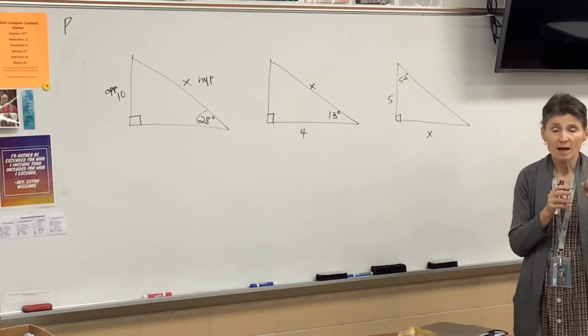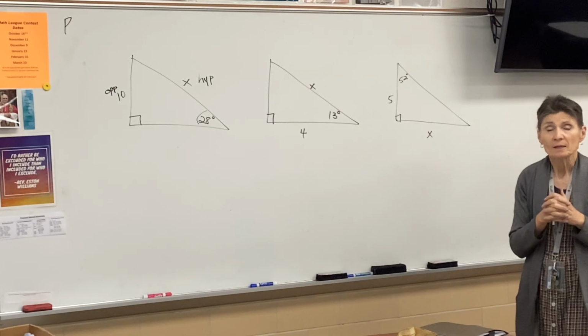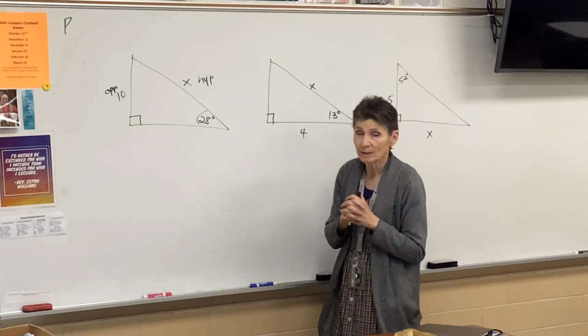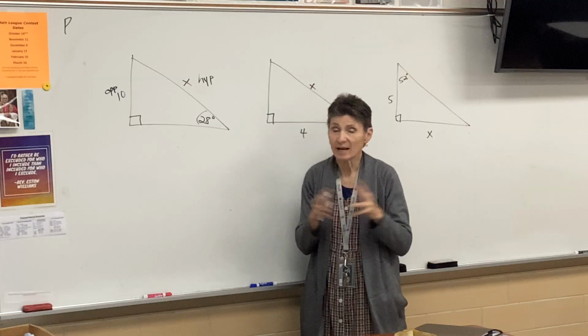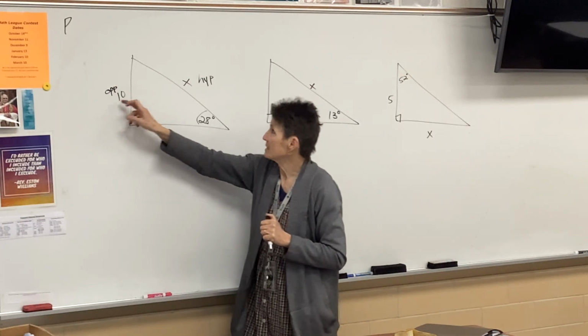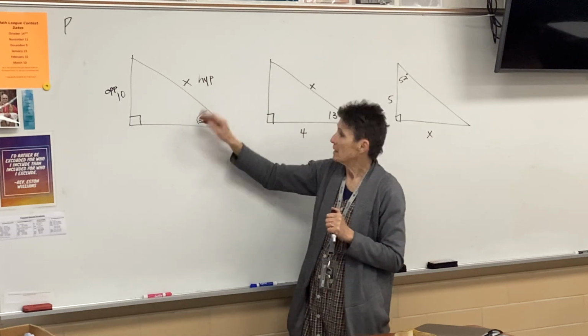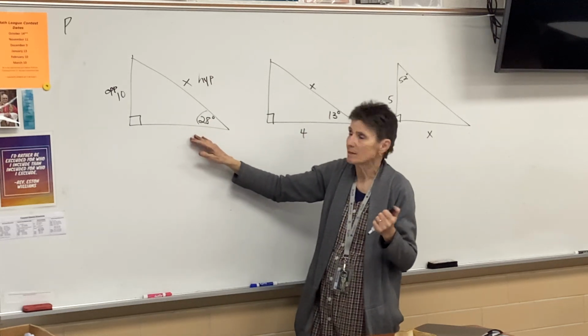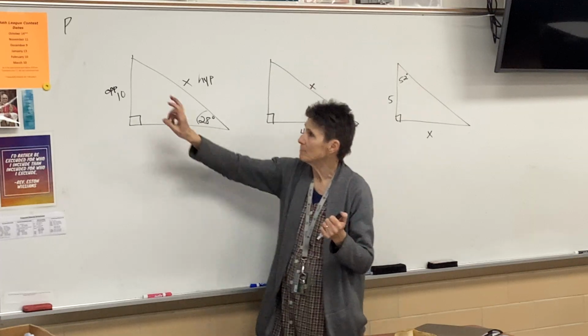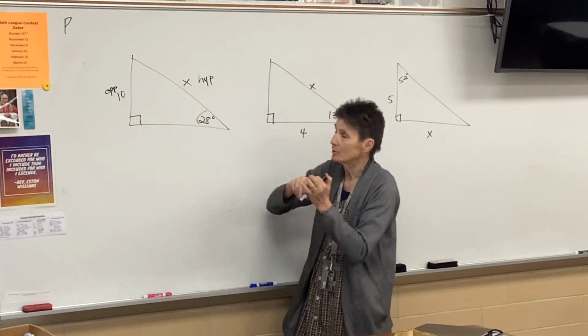And to decide which one I'm going to use, I'm going to look at the 2 sides that I have. The sides in the problem are the opposite and the hypotenuse. This guy, I know he's adjacent, but I don't have anything labeled there. So I'm not using him. I'm using opposite and hypotenuse.